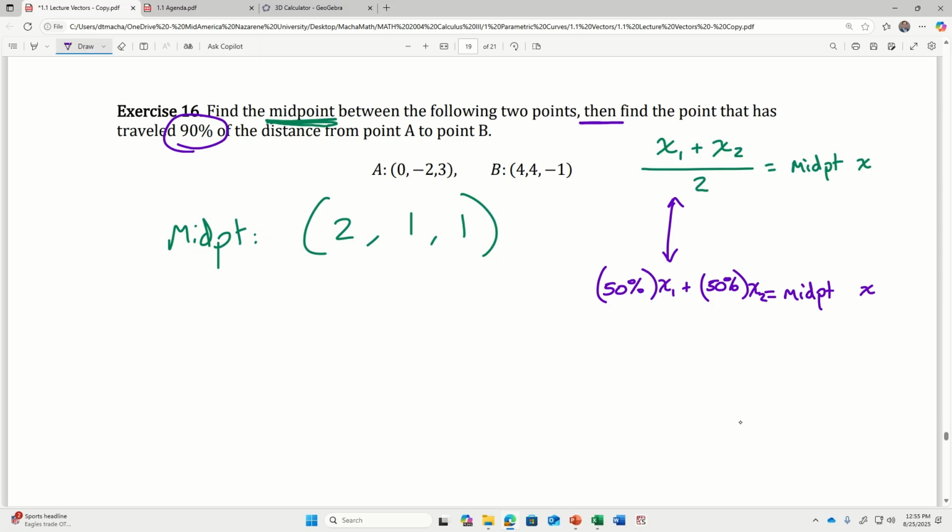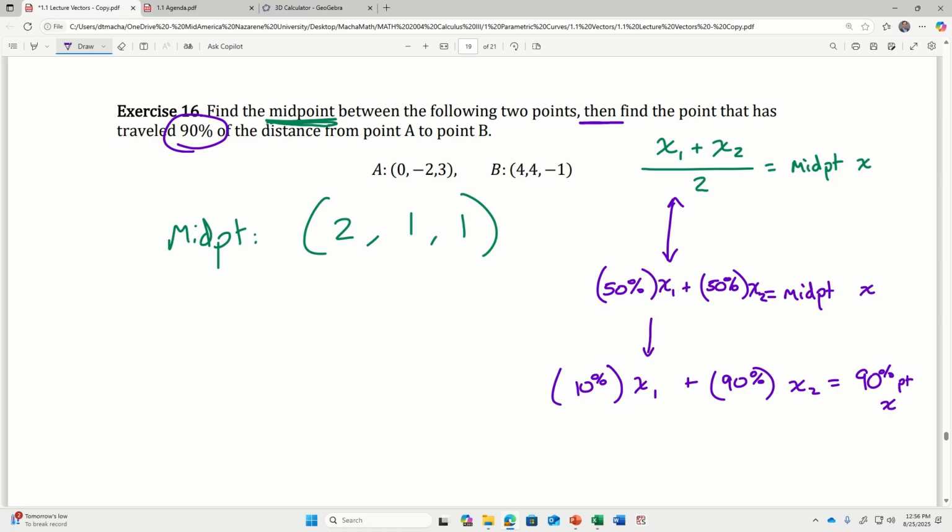So what I'm going to do now for the 90% point is, instead of giving it 50% of x1 plus 50% of x2, how much x2 should I give it? 90. Yeah, we're 90% of the way to x2. And so that means we're still holding on to 10% of x1.